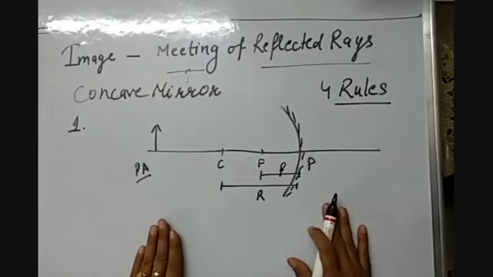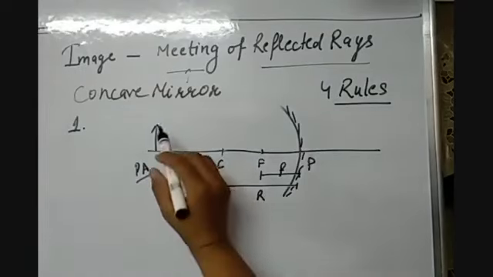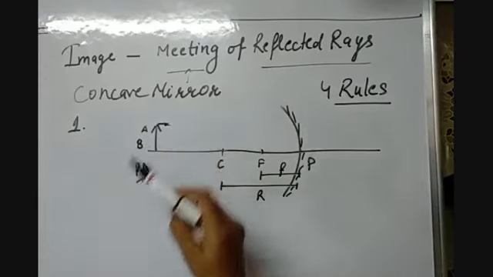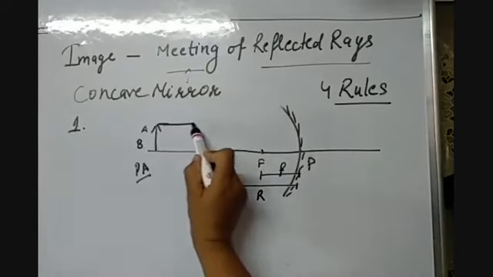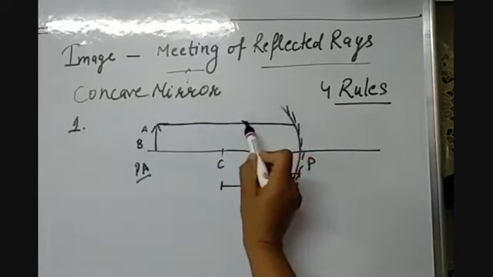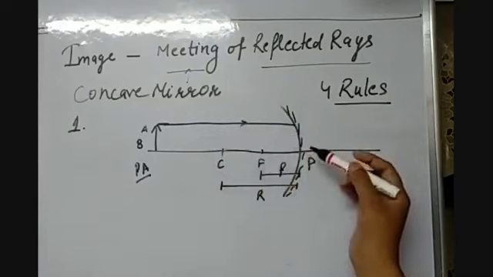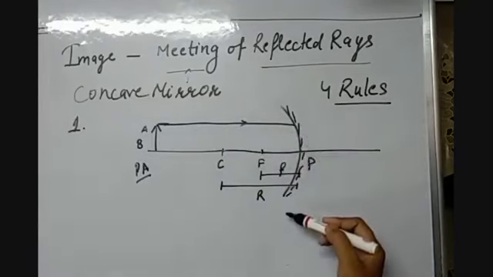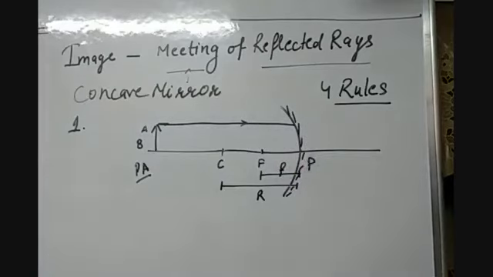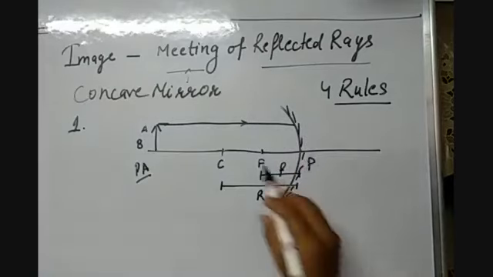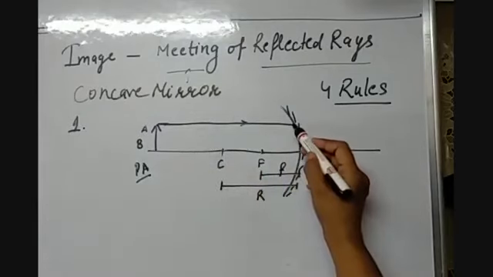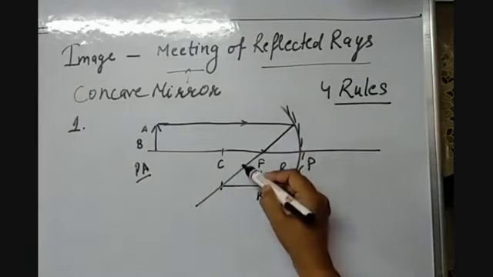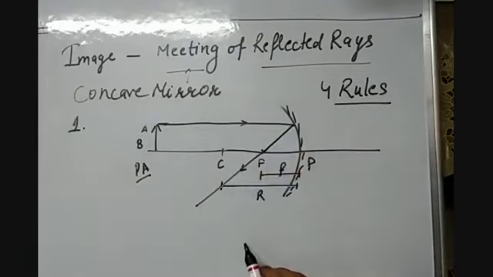So this is basically a ray diagram, and when the parallel rays are coming from this point and are incident on the spherical mirror, according to the first rule, after reflection they will pass through the focus point of the spherical mirror.